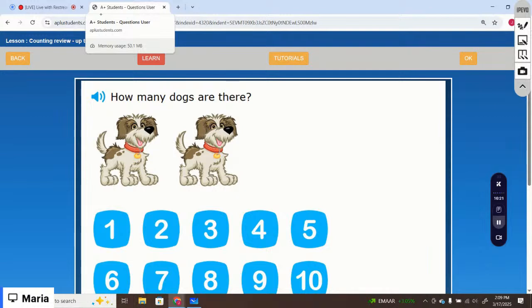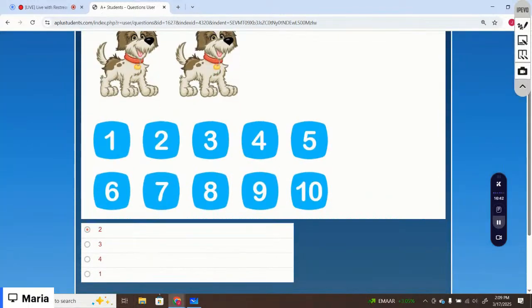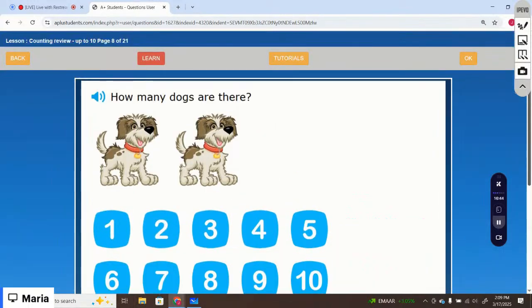How many dogs are there? Only 2 dogs. The correct option is 2. Option number 1 is the correct option.